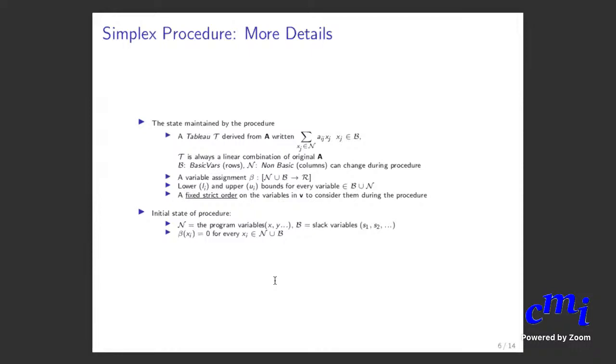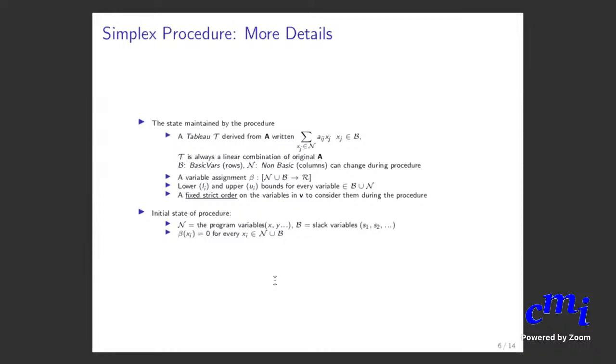When you do the pivot operation, you have to pick one basic variable that violates its bounds. If there are multiple ones, which one do you choose? You choose the lowest variable in that strict order. Similarly, if there are multiple choices of the non-basic variable that you can adjust to fix the basic variable, you have to choose the lowest one.